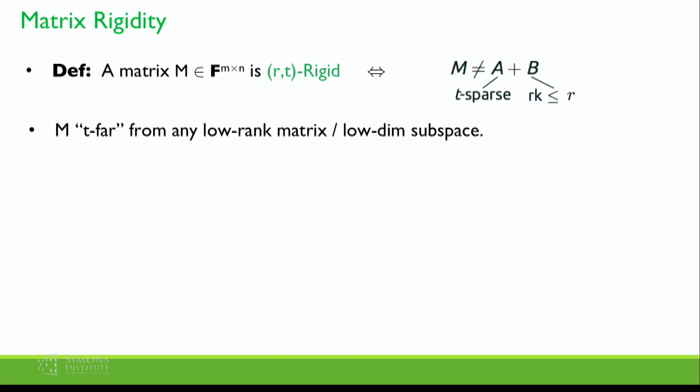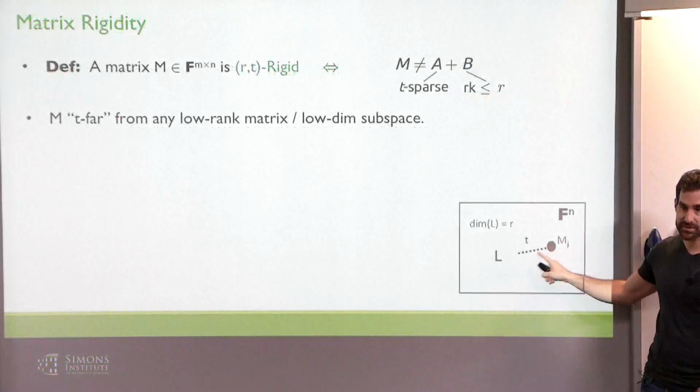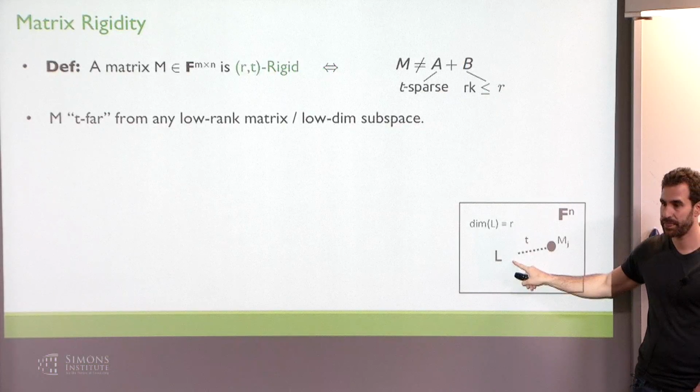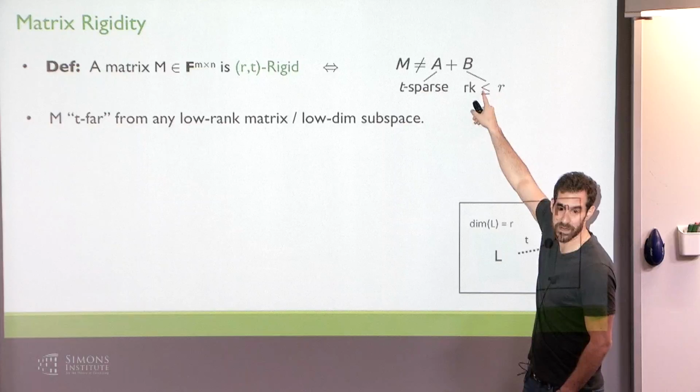Maybe one useful, more geometric way to visualize this is that a matrix M is R-T rigid if for any r-dimensional subspace L, there exists one of the rows in M that is t far away from the subspace in Hamming distance. Make sense? L is just the column space of this low-rank matrix.